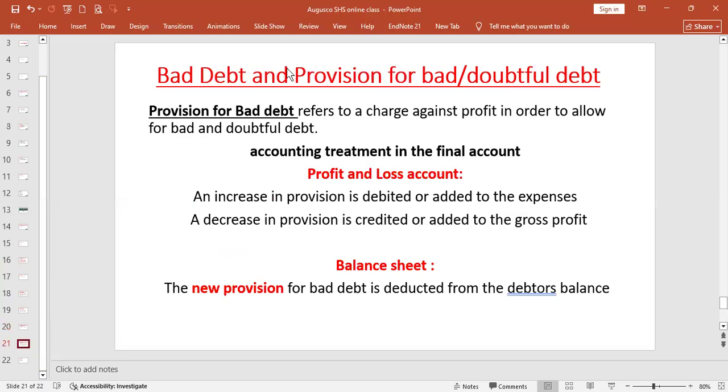Now, the last concept will be the provision for bad debt. So the issue is if you're able to estimate or determine that your debtors, by virtue of some reason, cannot pay or settle, then you have to make a provision. The provision is just to cushion you in the event that the debtors are not able to pay, right?